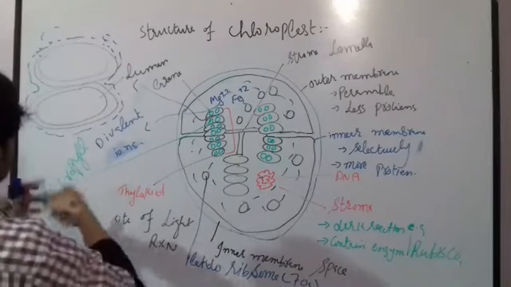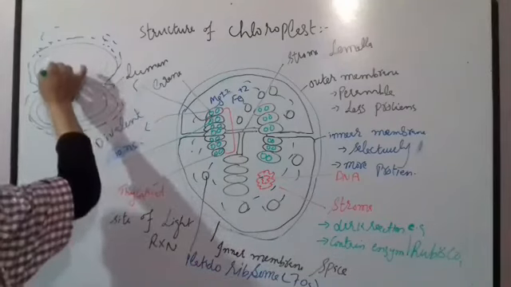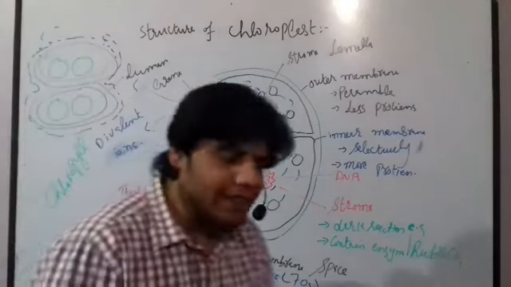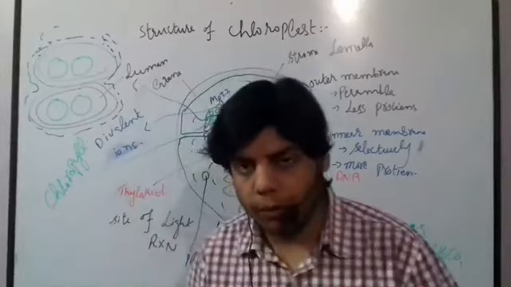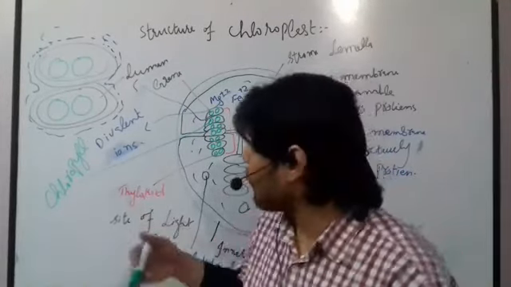So here in this lumen portion, they contain a green pigment which we call chlorophyll. Not only chlorophyll, they contain chlorophyll A, chlorophyll B, carotenoid, and xanthophyll as well.